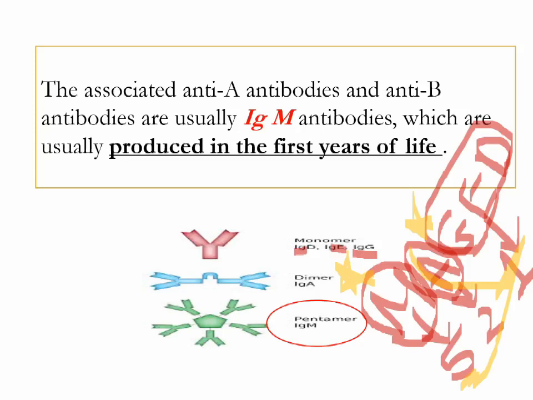And the second property is that they are produced in your serum in the first years of life without the previous exposure to the corresponding antigen. If you are blood group A, your self-antigen is A, expressed on the red blood cells, and your serum contains anti-B.